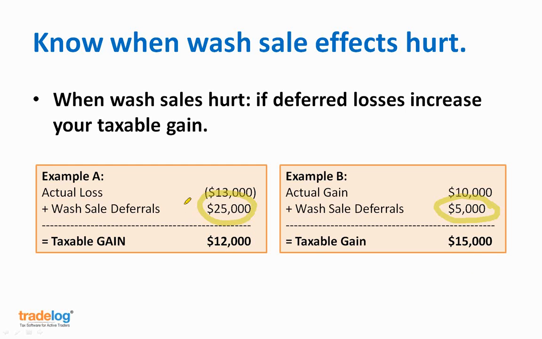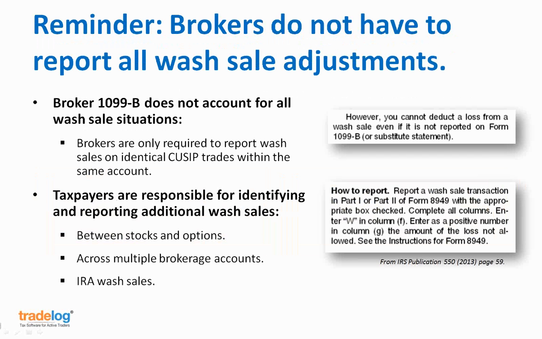This is why in the month of December we start really watching wash sales, because you need to understand what's going on in your account and then be able to make decisions based on that information. Now, an important reminder that we discussed in our Wash Sale 101 webinar: when it comes to reporting wash sales, a big misconception is that everything's on the 1099-B.